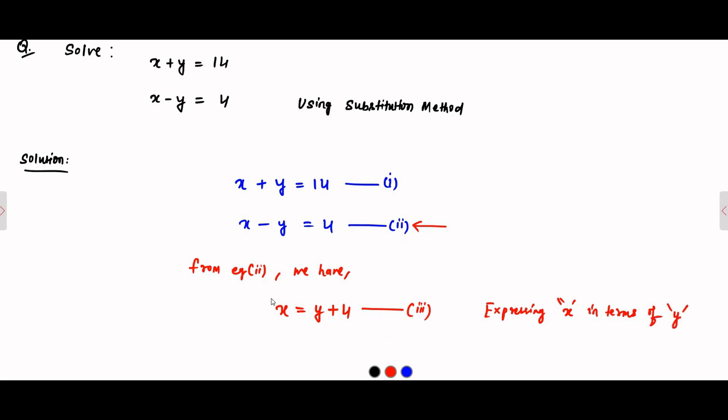Okay, now we will use this relationship in equation 1. In place of x, we'll use this relationship, y plus 4. So we'll convert the entire equation in terms of one variable. Then it will be easier to solve.